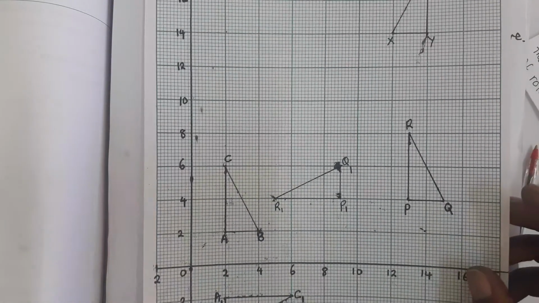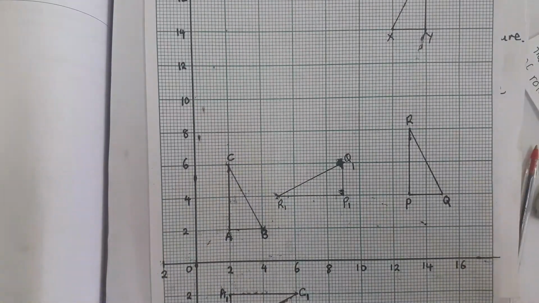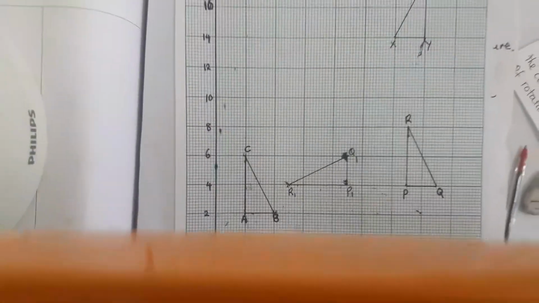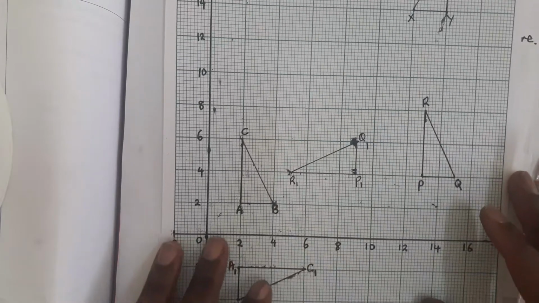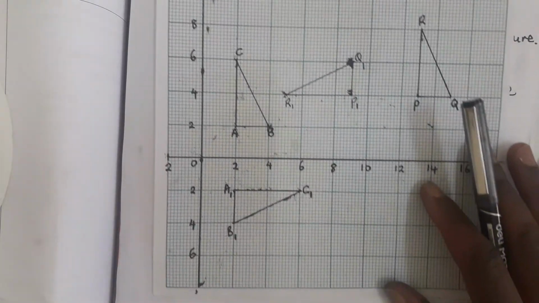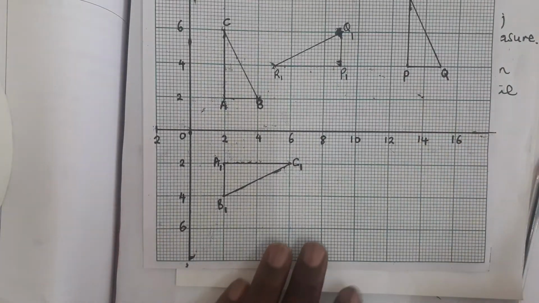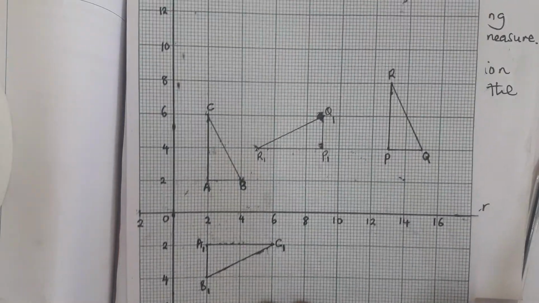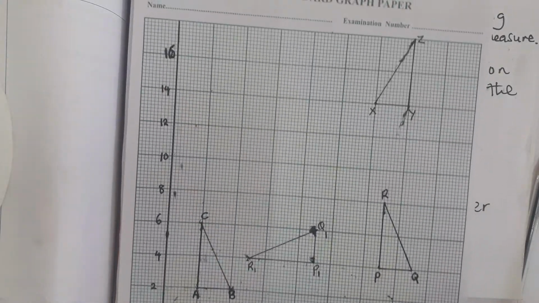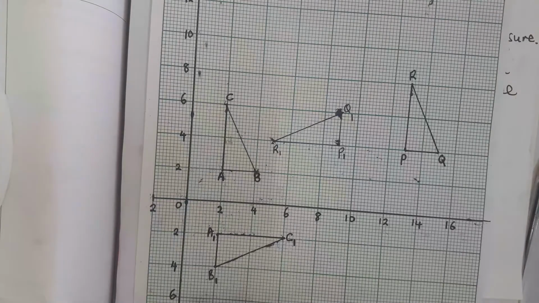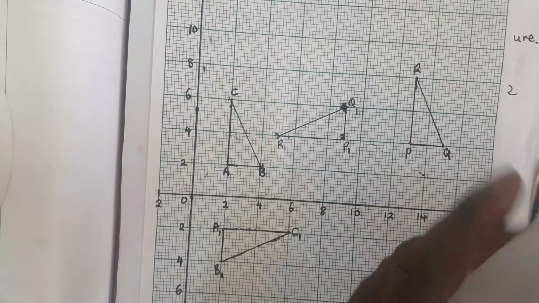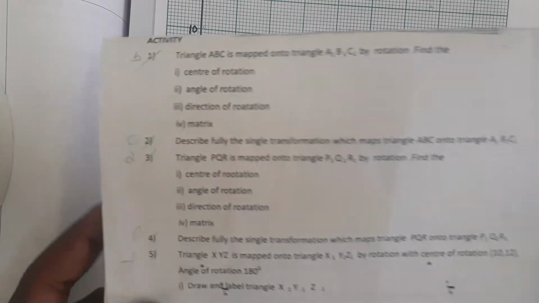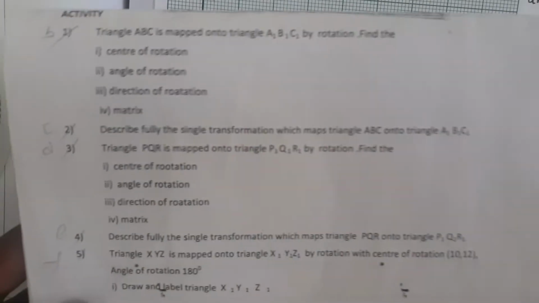This is what you need. You copy everything here. Then the questions that follow are here. Below this, you need now these questions here. You need to copy these questions here.